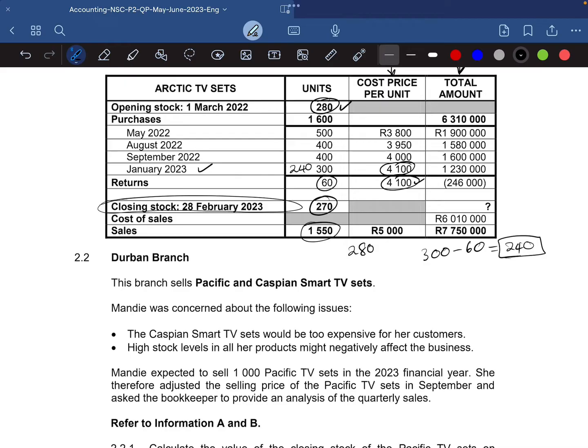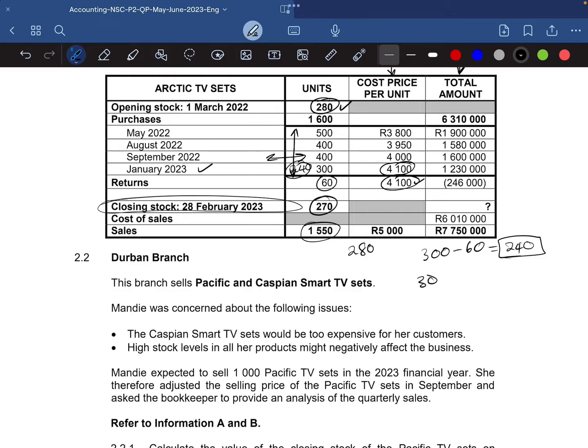So because it's first in first out, that means we would have sold everything throughout the year, but we only have 270 left. That means we would have the 240 left, and the difference of 270 and 240 from this batch, which was bought in September 2022, is only 30.